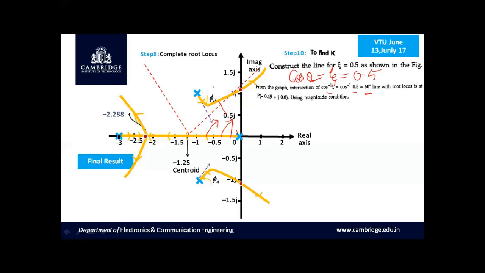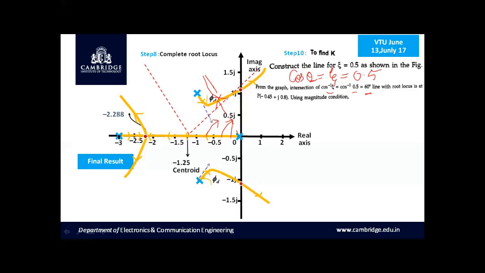And the next step is to determine the intersection point of this line with the root locus sketched. So we have to find the intersection point at which this line at an angle of 60 degrees intersects exactly on the root locus at one particular point. Once after identifying the intersection point, we have to apply the magnitude condition, and we can find the corresponding value of k.